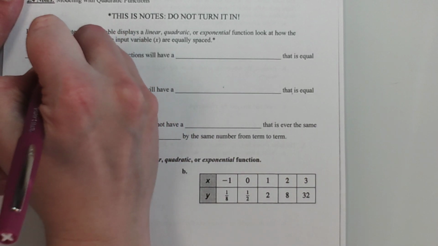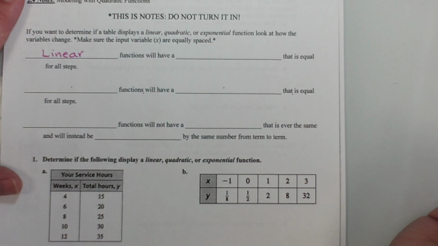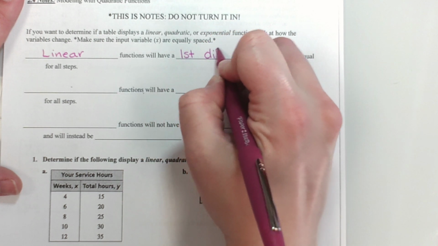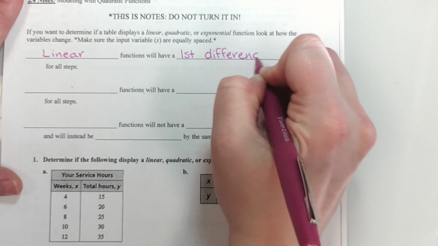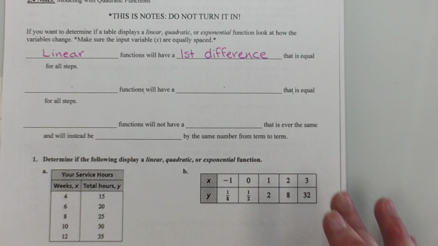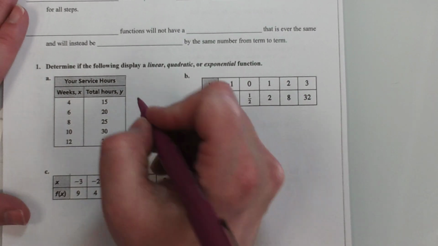Linear functions have what's known as a first difference that is the same from step to step. So if your x values are equally spaced, then how you get from one y value to the next, to the next, should all be the same. Like here.